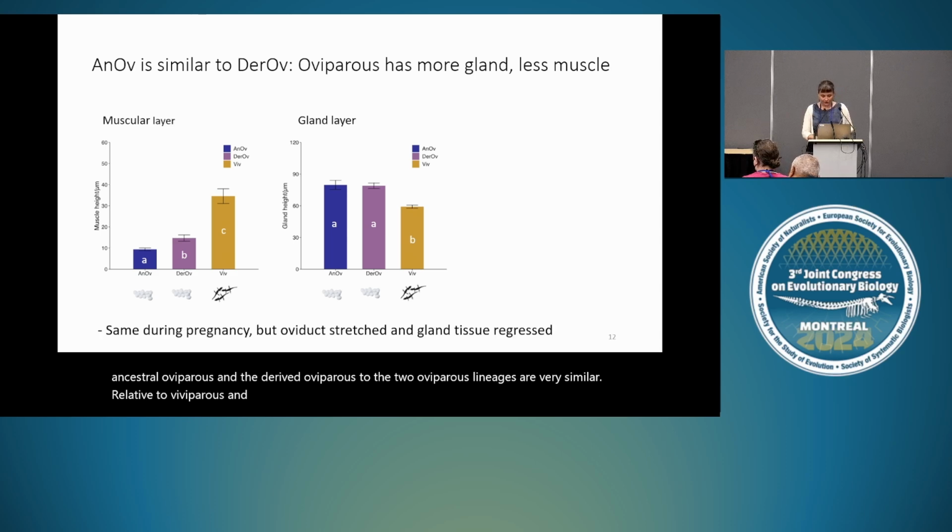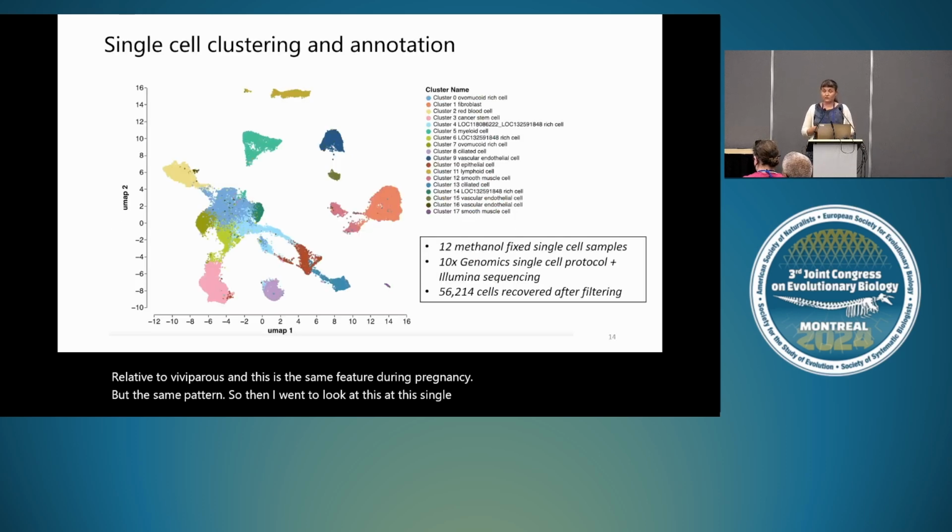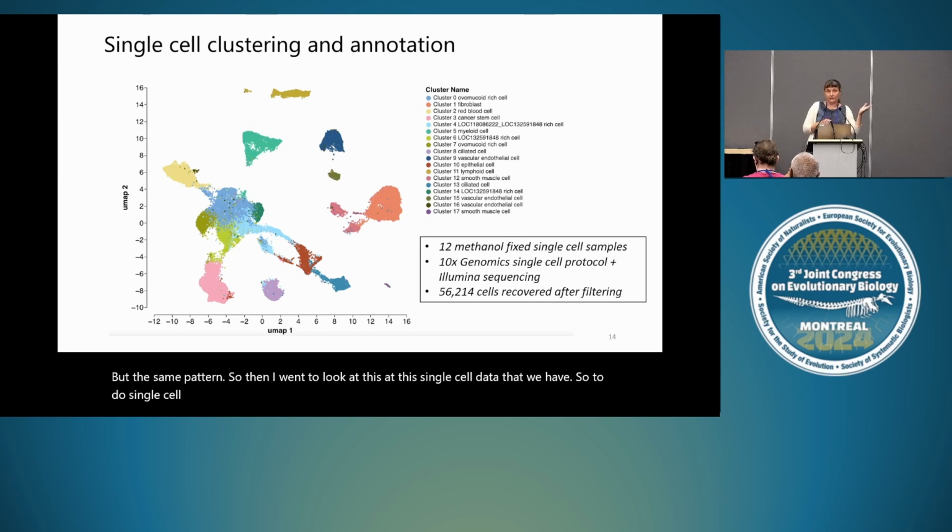And this is the same feature during pregnancy, but the same pattern. So then I went to look at this single-cell data that we have. So to do single-cell data, we took, again, from each of our three lineages and from both stages.